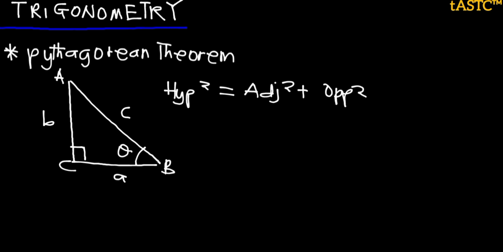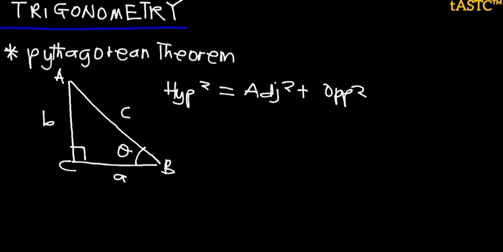Now, the longest side of a Pythagorean triangle, that is a right angle triangle, is the hypotenuse. So in this case, the side C is the hypotenuse. The side that faces the angle theta is going to be called the opposite.